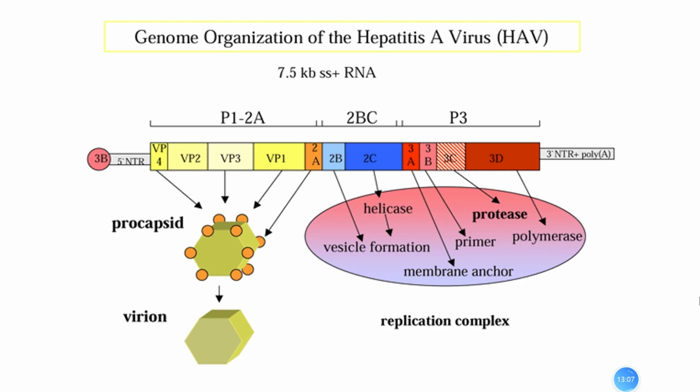On the 3' end, it mainly encodes the enzymes, the non-structural proteins, including the helicase, protease, and polymerase.